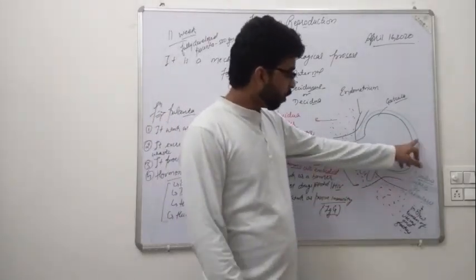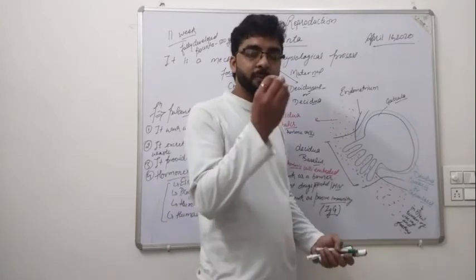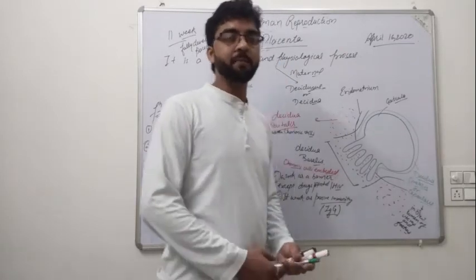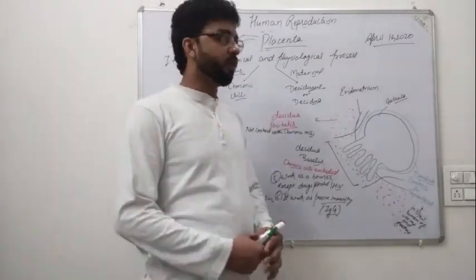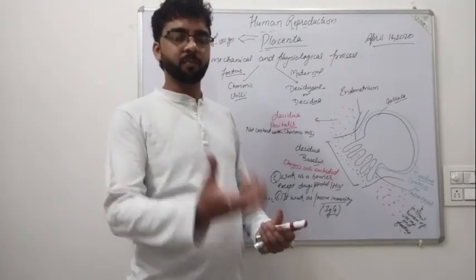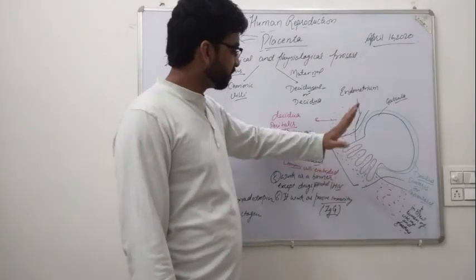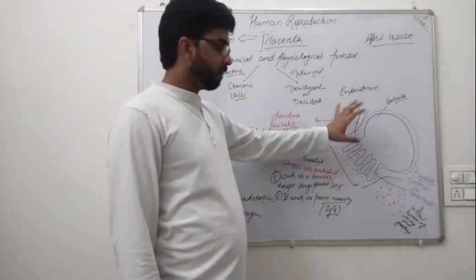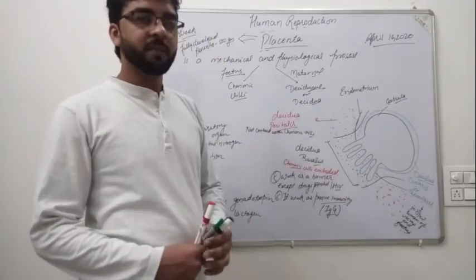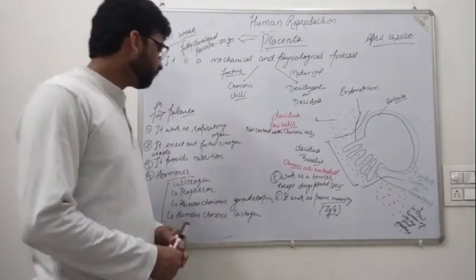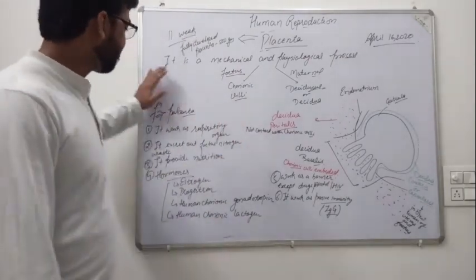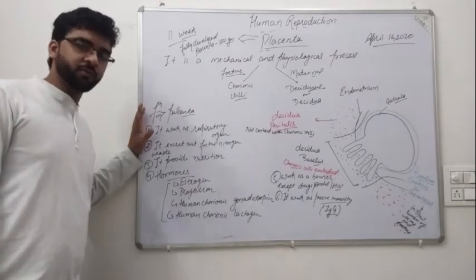Now it is also filled with a material called amniotic fluid, which provides nutrition and prevents dryness of the fetus. And the part which is not in contact with the chorionic villi is called decidua parietalis. Rest of these, placenta performs various functions in the human body.